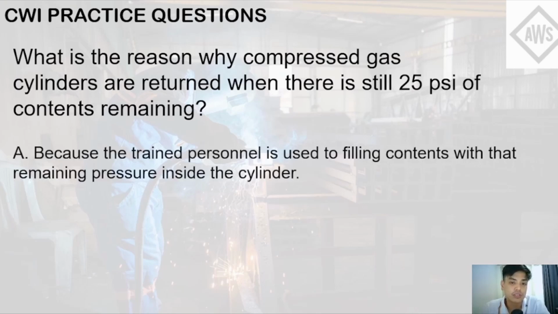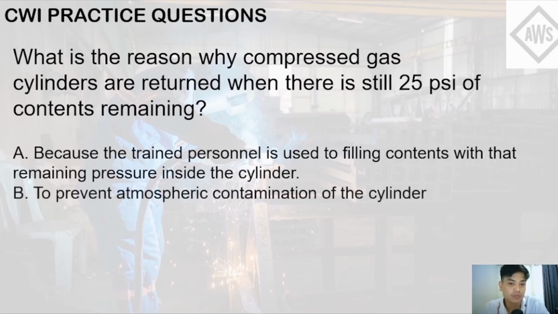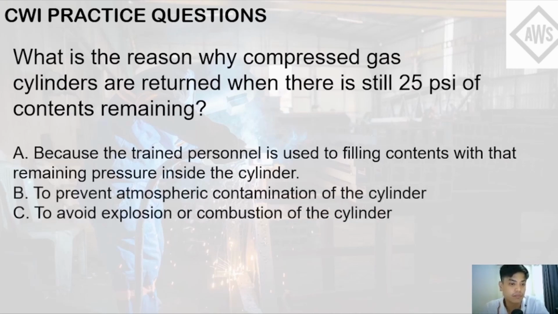A, because the trained personnel is used to filling contents without remaining pressure inside the cylinder. B, to prevent atmospheric contamination of the cylinder. C, to avoid explosion or combustion of the cylinder. D, none of the above. So letter A, it is true that the trained personnel is used to filling contents without remaining pressure.